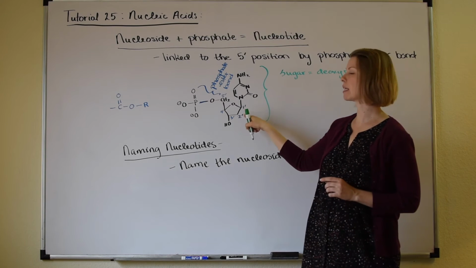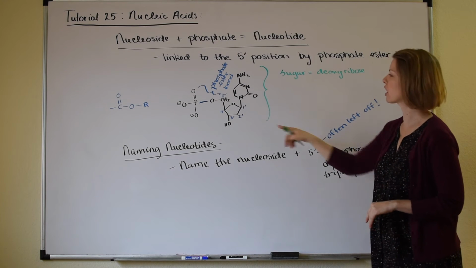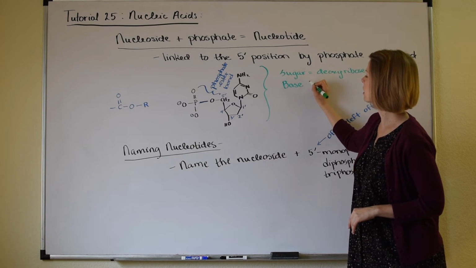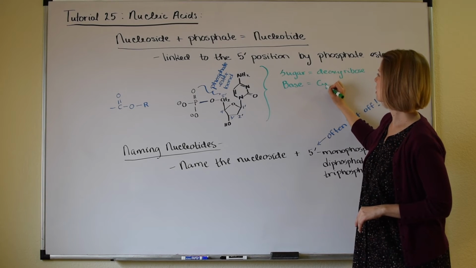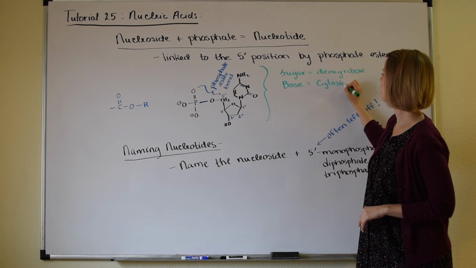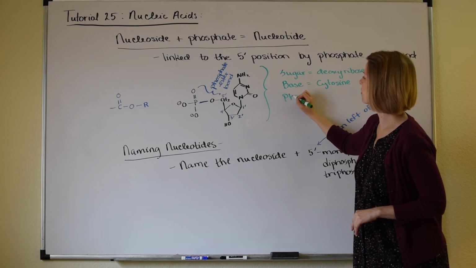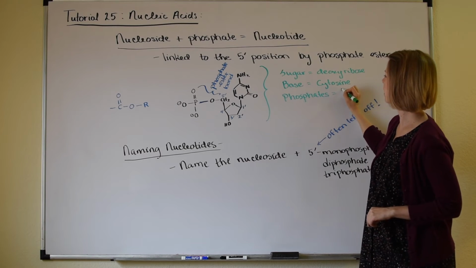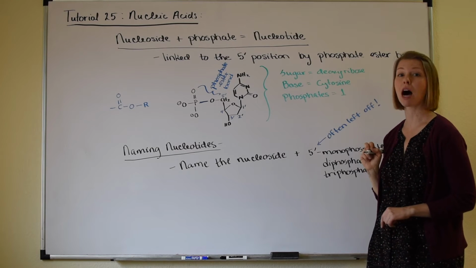Okay, notice we're missing the oxygen at the 2 position. There's just a hydrogen there. We have the base cytosine, and our phosphates, we only have 1, just 1, so it's going to be a monophosphate.